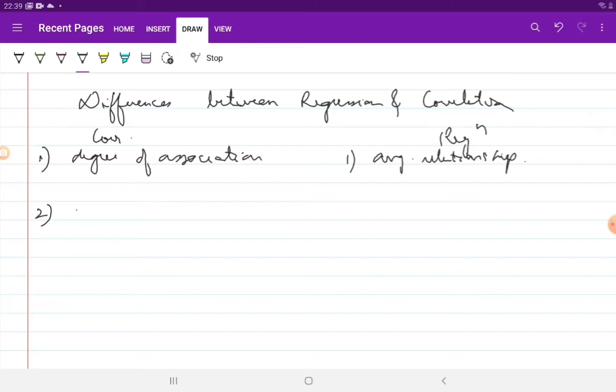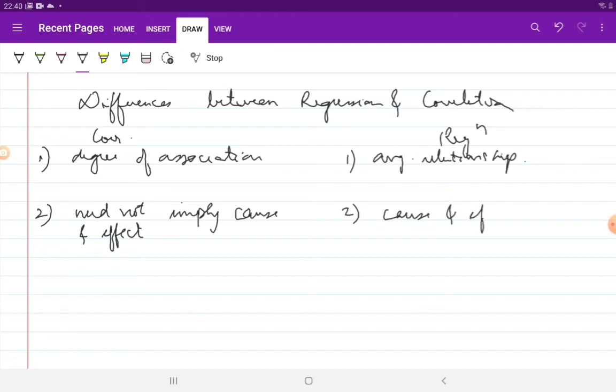Correlation need not imply cause and effect relationship, whereas regression analysis clearly indicates a cause and effect relationship. Right?